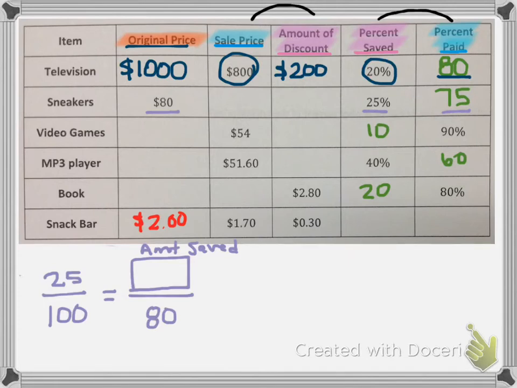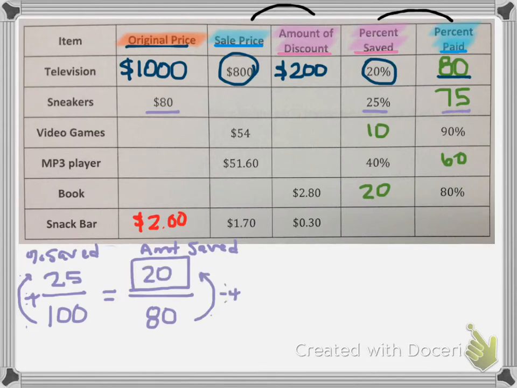Again, part to whole ratio, part to whole ratio, and I have equated the percent saved to the amount saved, consistent and corresponding with my equivalent ratios. And I can see that 100 divided by 4 is 25, so 80 divided by 4 is 20.